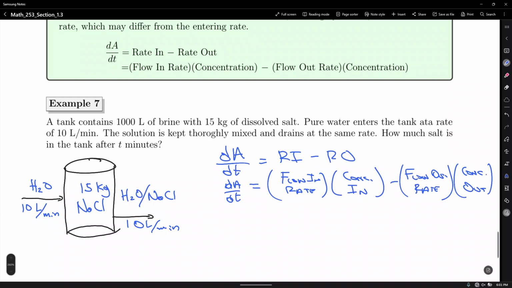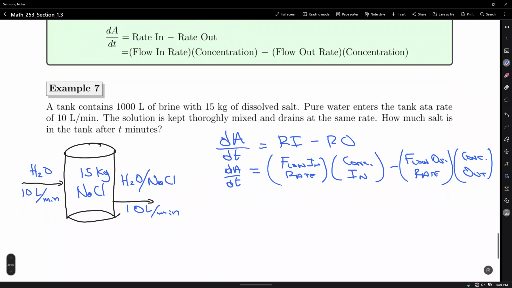Okay, flowing rate. We're given that flowing rate and flow out rate are both the same, 10 liters per minute. So dA/dt is 10 times, and the question here is, what is the concentration of salt coming in? It's just water coming in, right?